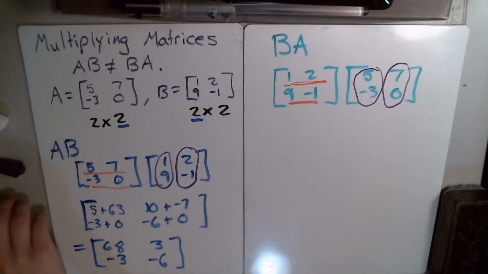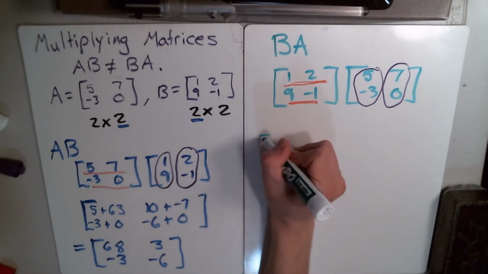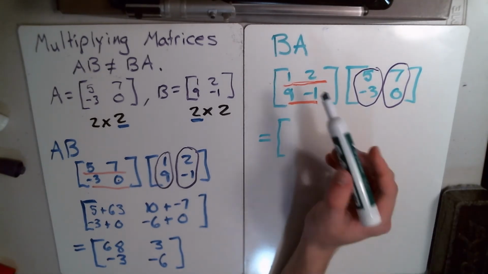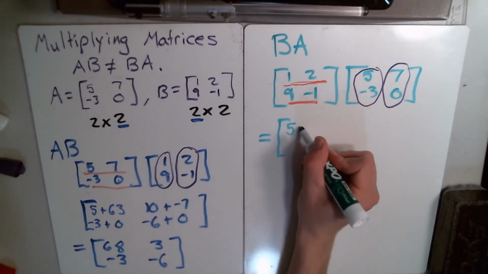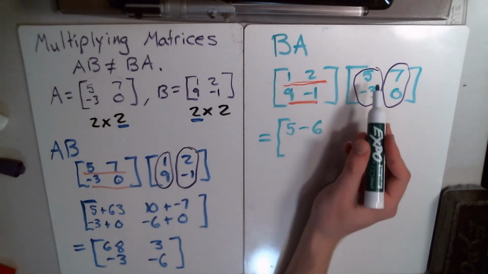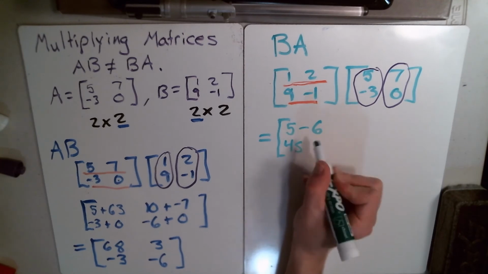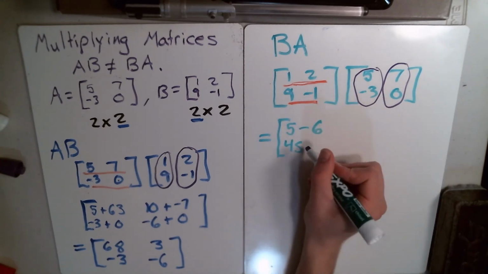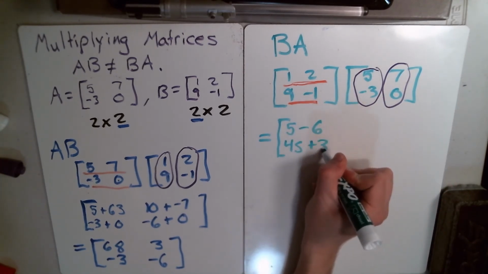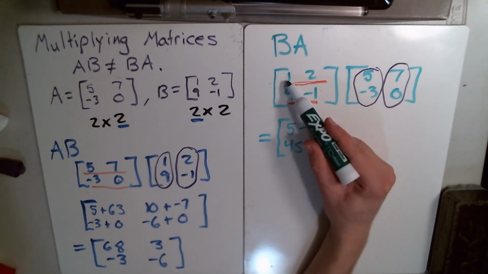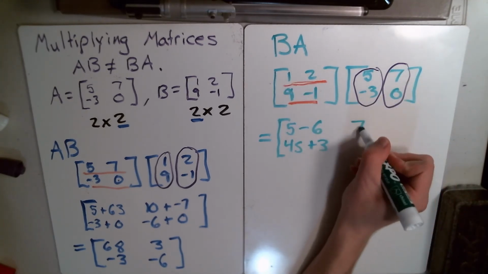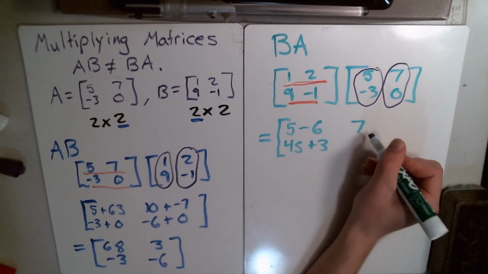Okay. So when we do that, what do we get? We do 1 times 5 is 5. 2 times -3 is -6. 9 times 5 is 45. -1 times -3 is +3. And then 1 times 7, 2 times 0.